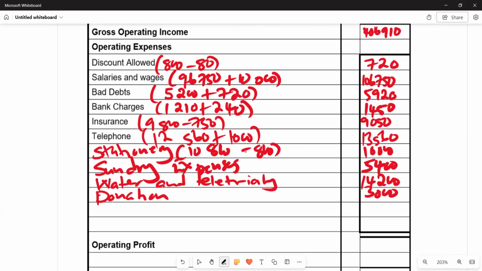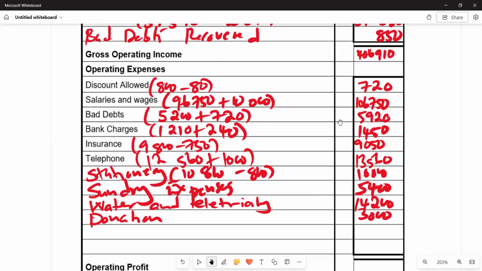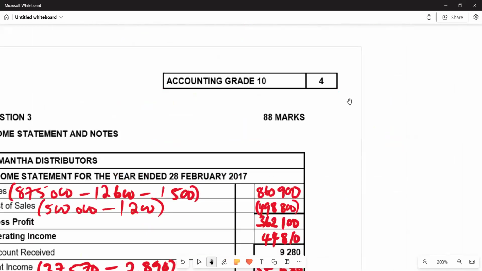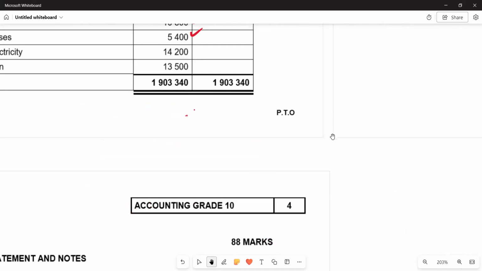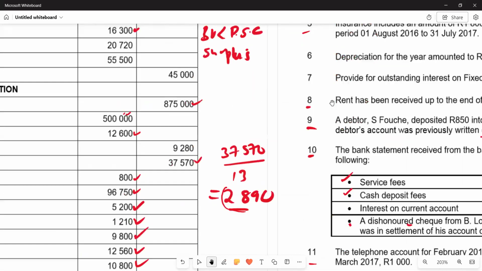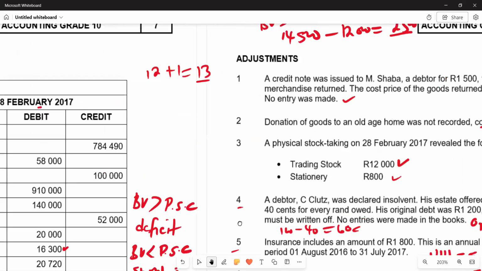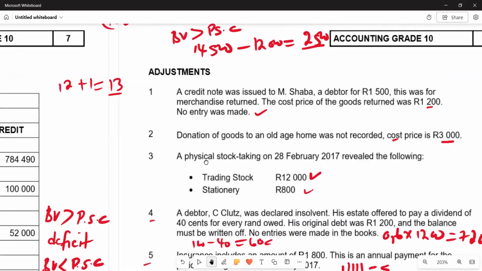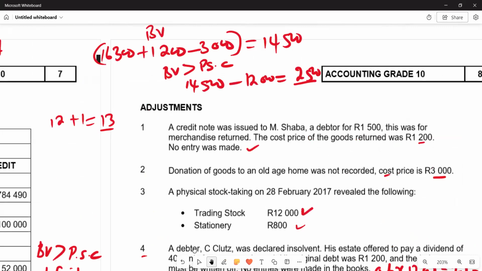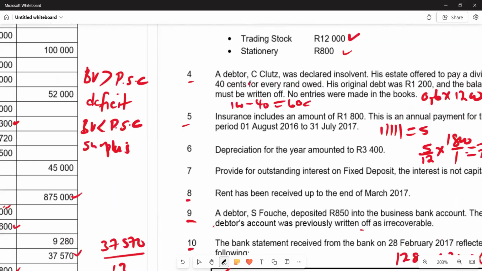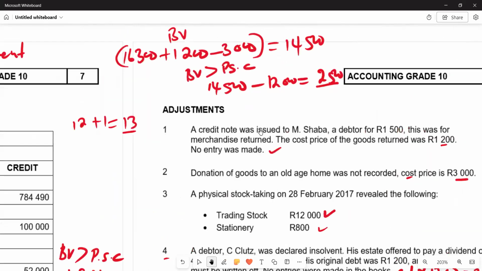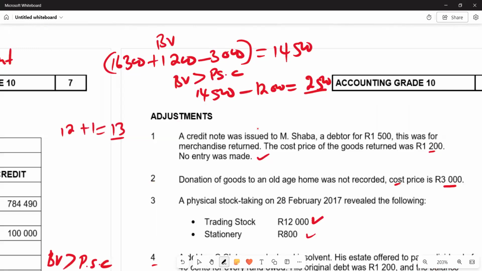Then after that, we also want to check there. Remember, we have the issue of trading stock deficit, and we did discuss it earlier, and we calculated it. We can just refer back so that we can understand. Remember, this was the calculation for the trading stock deficit. 14,500 is the calculation of the book value.